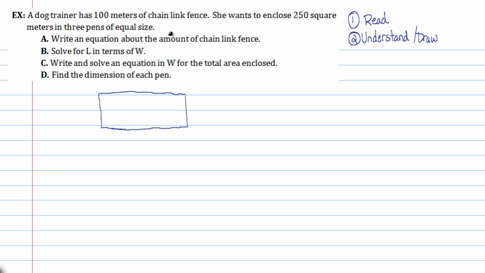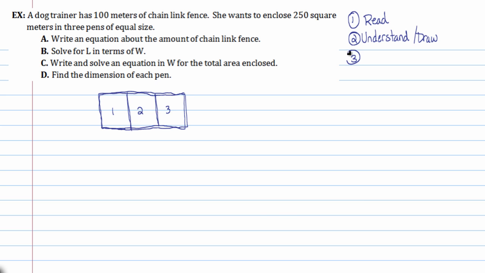She wants to enclose 250 square meters in 3 pens of equal size. So here's 1, 2, 3 pens. They're all of equal size, and everything in blue here, besides the numbers, is the chain link fence I'm using to build this. Okay, so that helps out with my visualization.